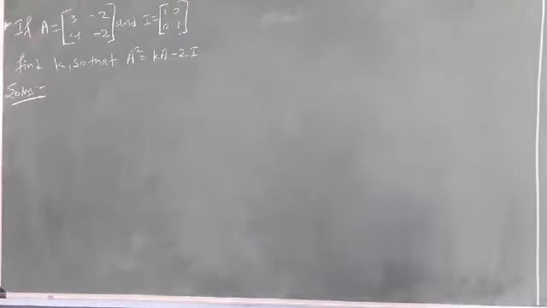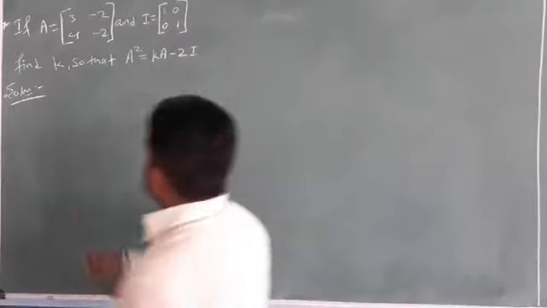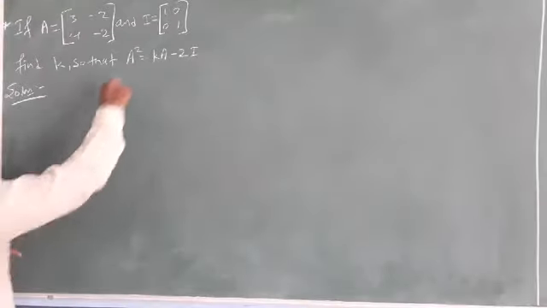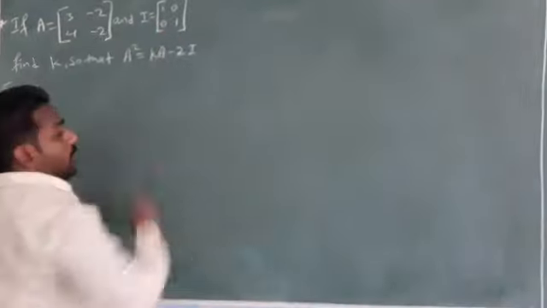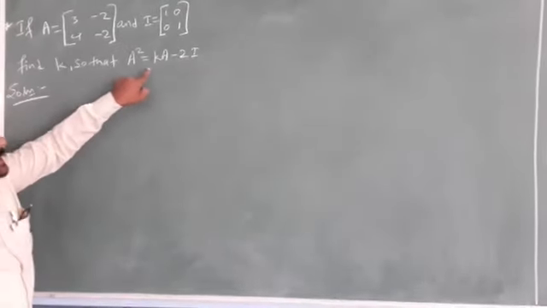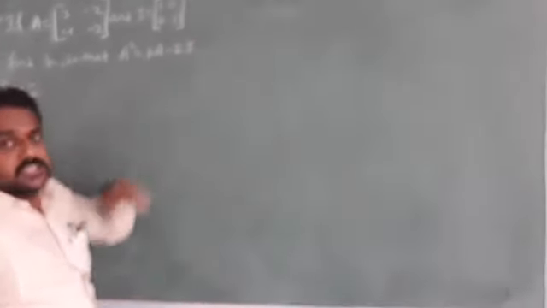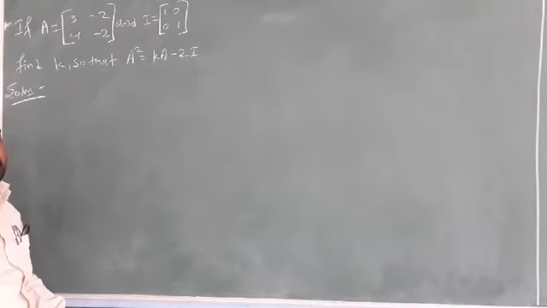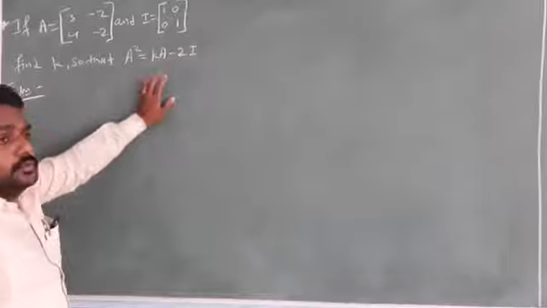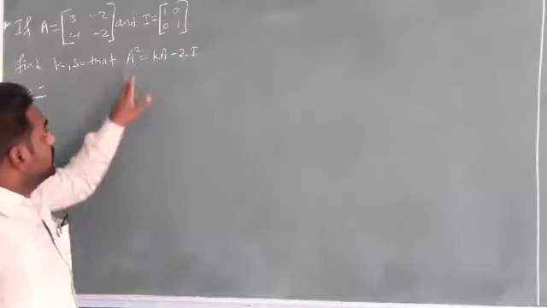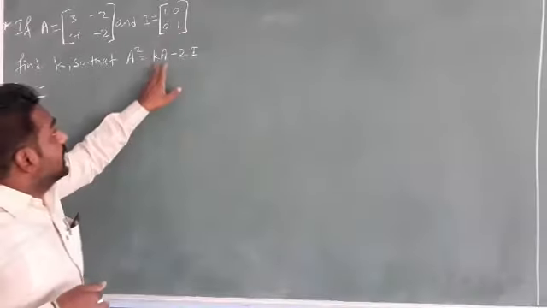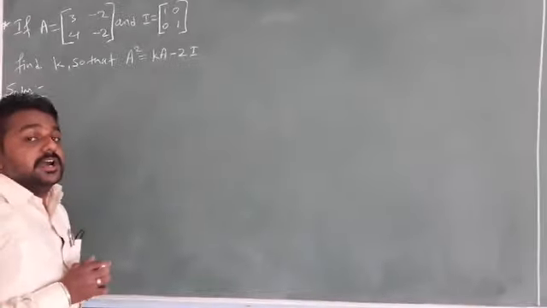Okay, next problem, students. If A equals 3, minus 2, 4, minus 2 and I equals 1, 0, 0, 1. Find K so that A square equals KA minus 2I. If you observe here, K into A means... you may think K may be a matrix.